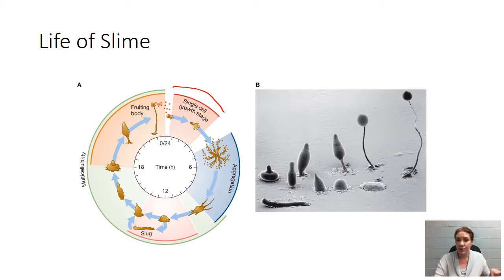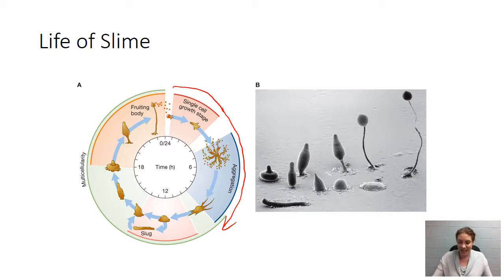They scavenge through the soil and eat bacteria during this part of their growth phase. Eventually, as they start running low on bacteria, it triggers a biochemical change in the cell, and the cells start to come together, cluster, aggregate, and form a multicellular slug.